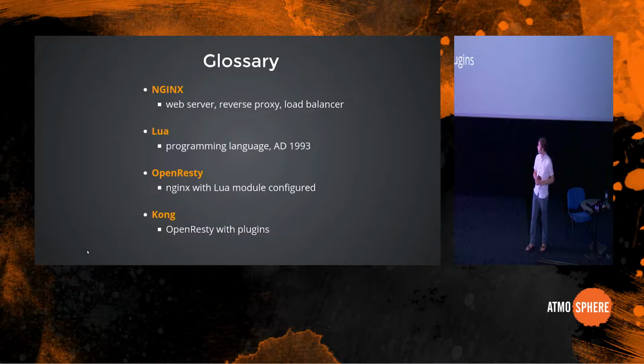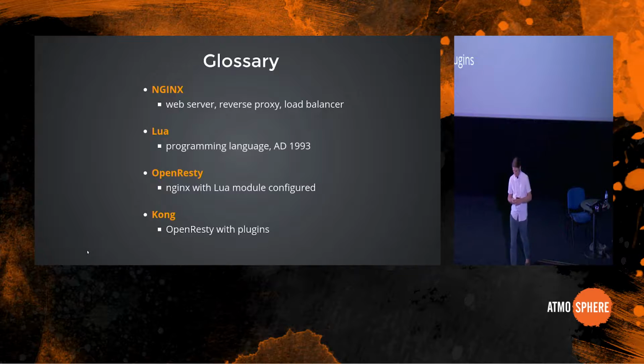So, glossary. nginx, I hope everyone knows what nginx is, so I won't be saying much about that. We have Lua. This is a programming language, from 1993, from Brazil. Lua in Portuguese means just moon. That's why the touch of moonlight. The guys that made Lua could not use any other language, and there were not many languages at the time.